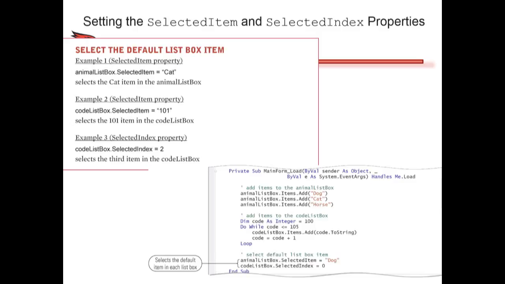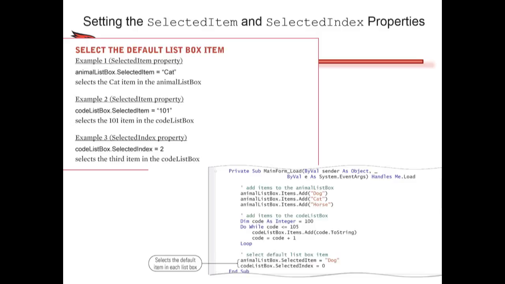Or you can also use the selected index to choose a selected item. So instead of selected item, if you assign for the code list box selected index equals 2, then the third item in that code list box will be selected. Remember, even though the index is 2, the position is the third, because index starts with 0.